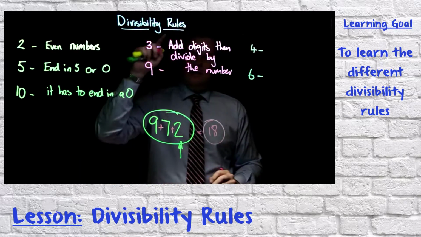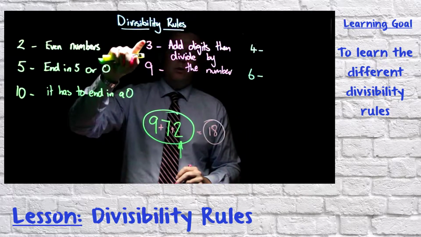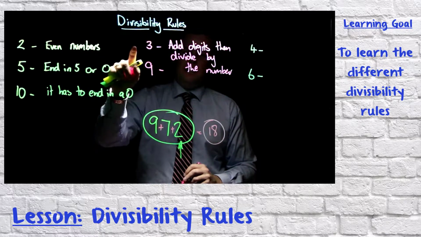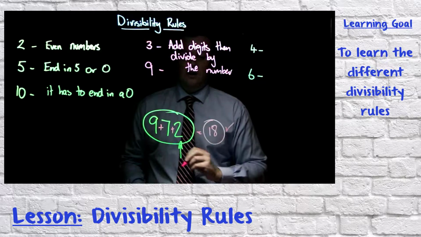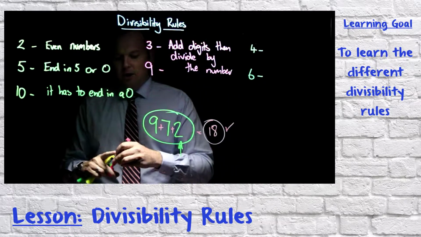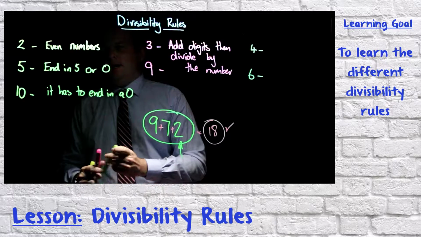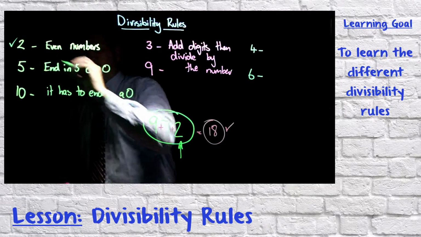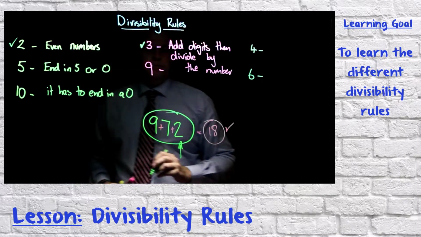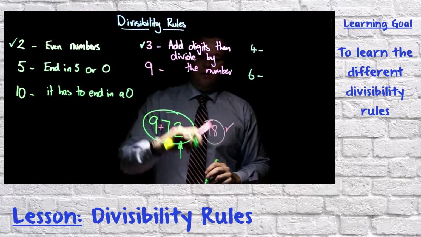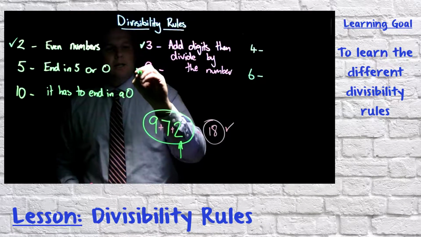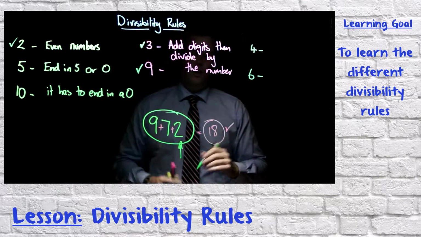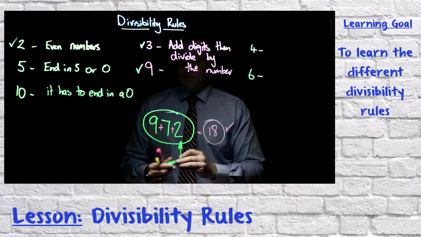And then to see whether or not it's divisible by 3, we divide 18 by 3. 3 can go into 18, so that means that 972 is divisible by 2 and 3. And let's have a look at 9. Can I divide 18 by 9? Yes, I can. So that means that 972 is also divisible by 9.